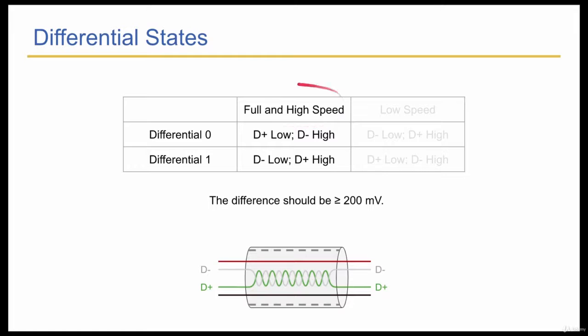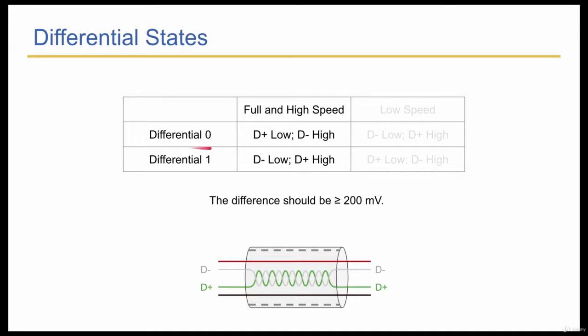For full and high-speed devices, to send differential state 0 to a USB device or to the host, of course it depends on the direction of the data, if we want to send it from a USB device to the host or from the host to a USB device.